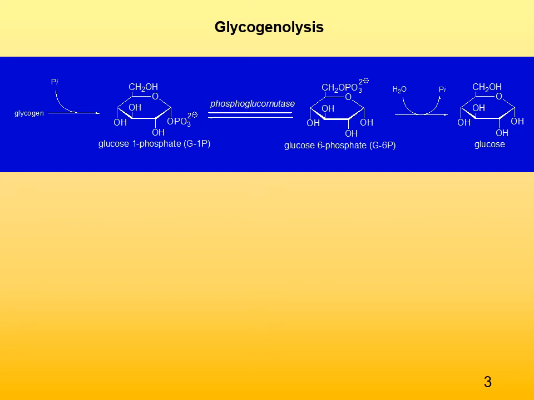Finally, glucose 6-phosphate is hydrolyzed to glucose, which then is released from the cell into the bloodstream. It increases blood levels of glucose, and eventually glucose is taken up by other cells and enters glycolysis to provide energy.